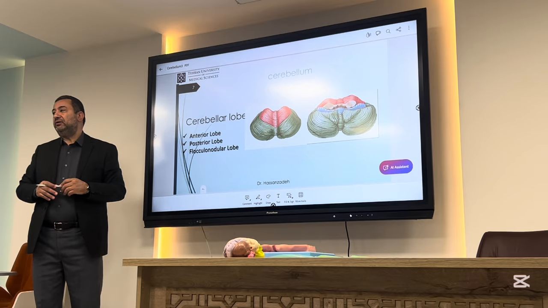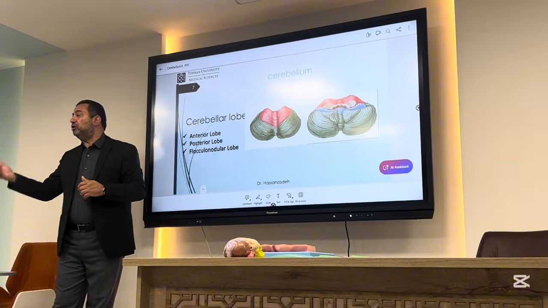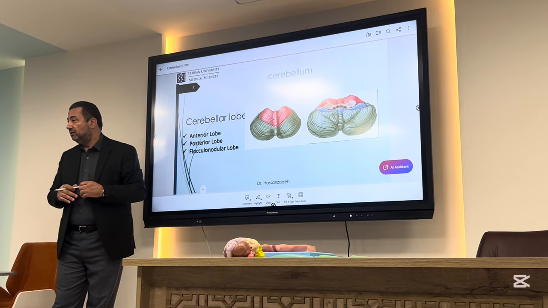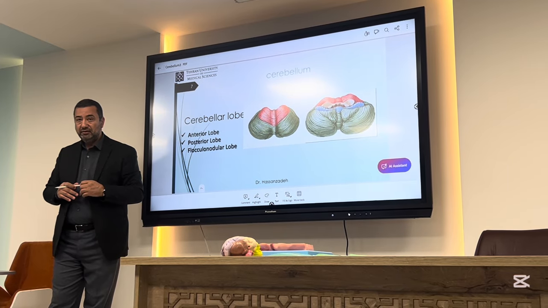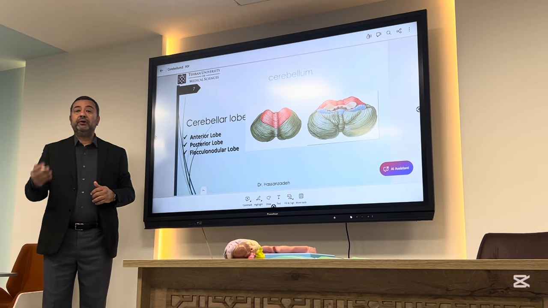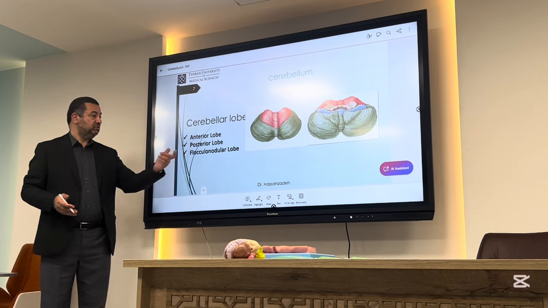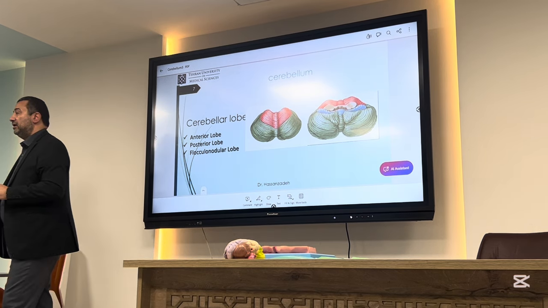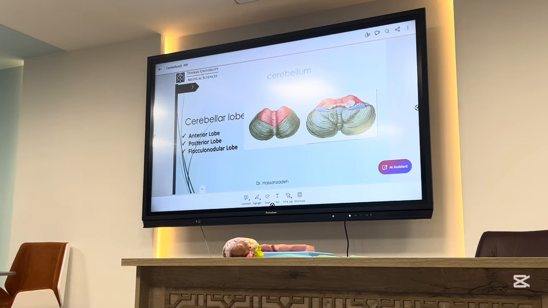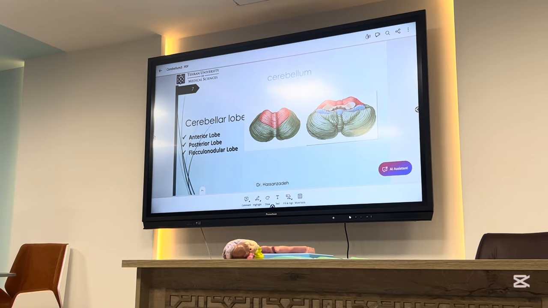Folliculonodular lobe has connection with the vestibular nuclei in the floor of the 4th ventricle. And the main function of folliculonodular lobe is equilibrium, is balance. This is the very, very old function of the cerebellum. Is it clear?